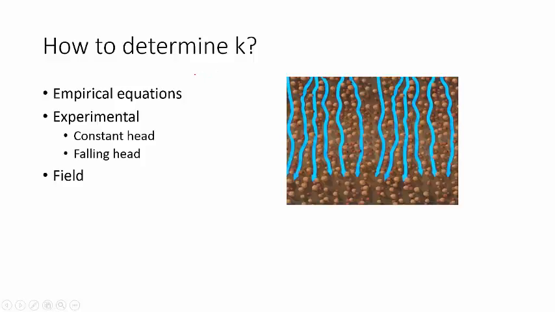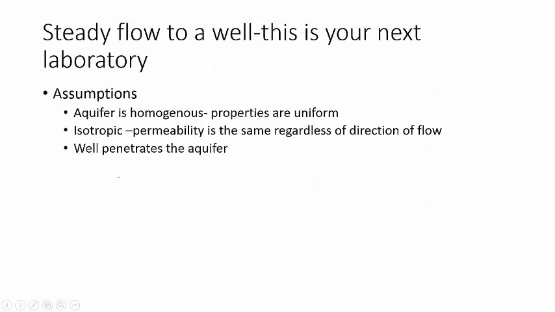How do we determine K? Well, we mentioned in the lab, empirical equations, experimental, we did the constant head and of course field conditions, and we'll see that today. The lab that you'll be doing this week, you will calculate the permeability coefficient using a steady flow to a well.